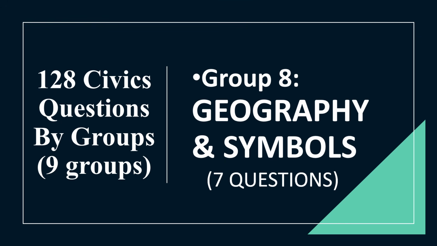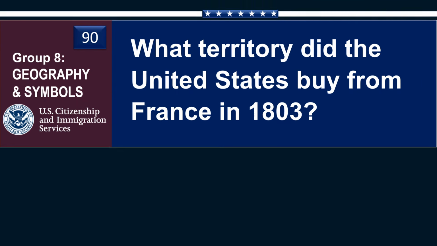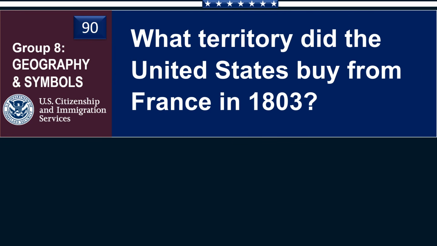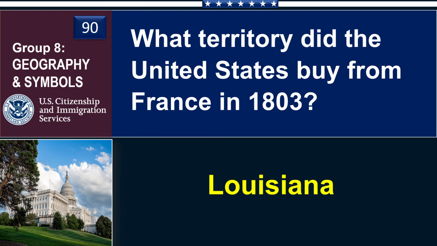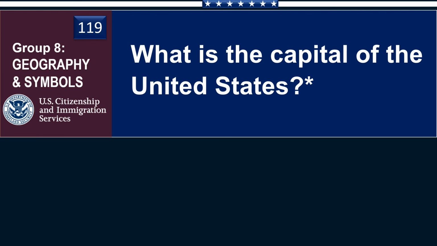Group 8. Geography and Symbols. What territory did the United States buy from France in 1803? Louisiana. What is the capital of the United States?